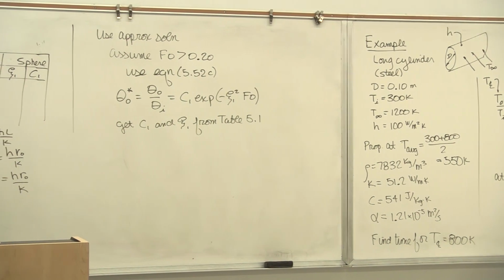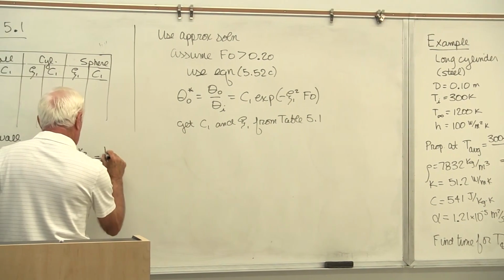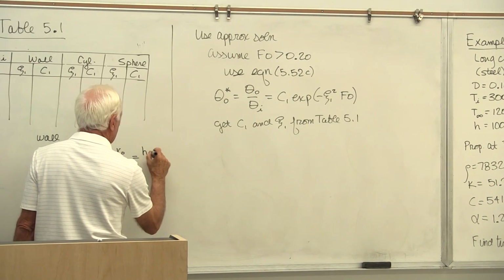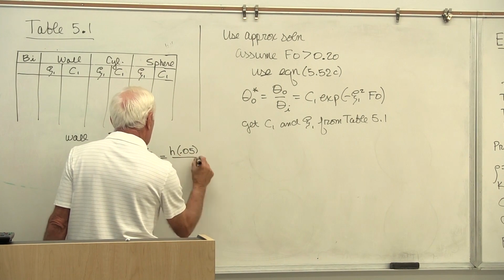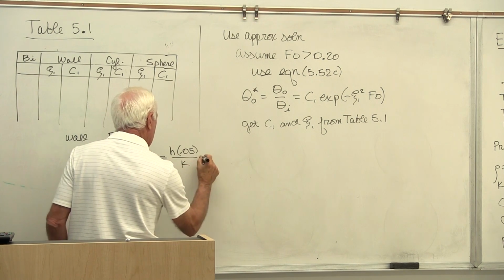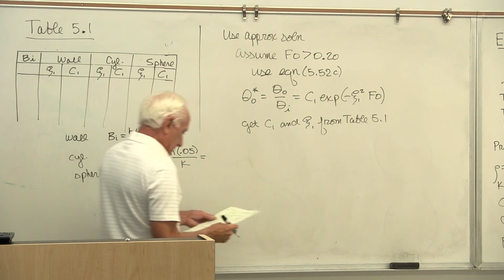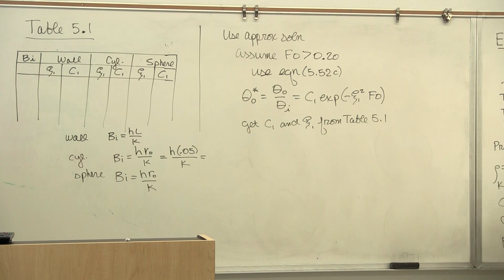H R naught, 5 centimeters, over K. So the Biot number, 0.0976.